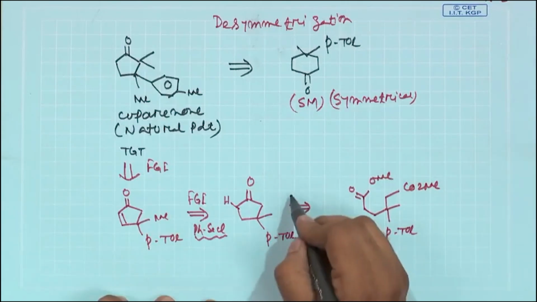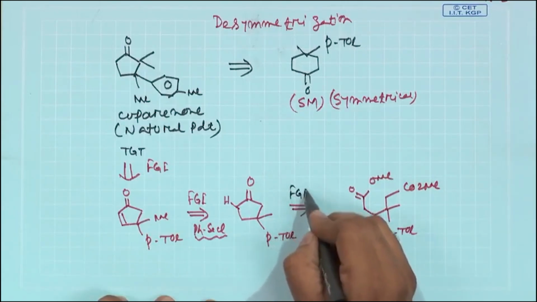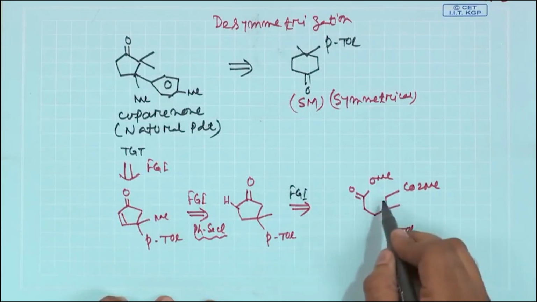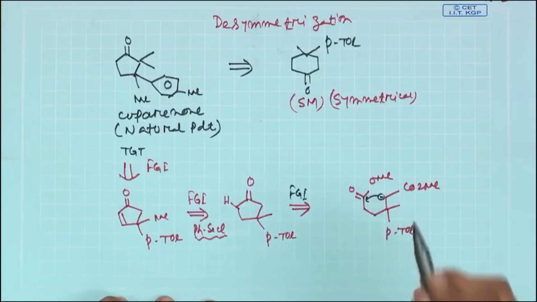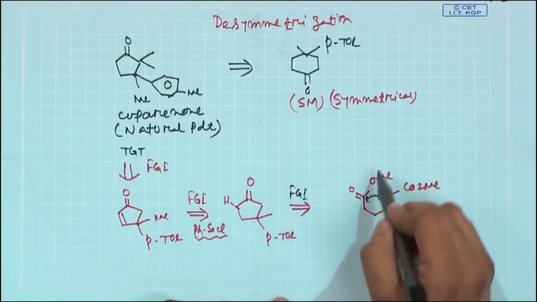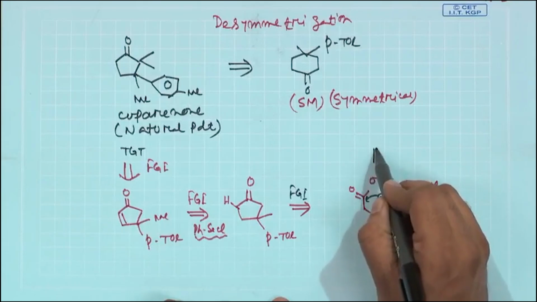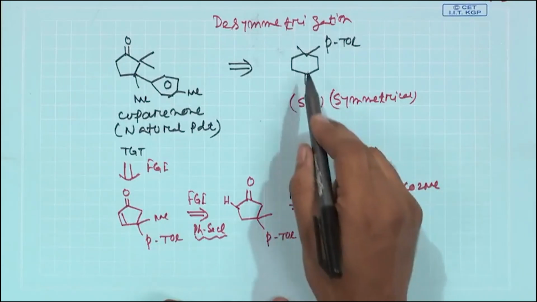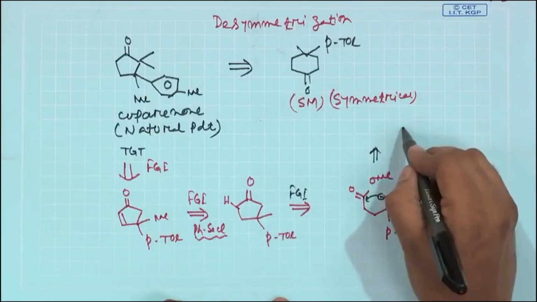This FGI says that as a Dieckmann type of reaction, you use these groups to undergo the Dieckmann cyclization. Fine. Now I am coming to the starting material, and how this starting material can be converted to here.